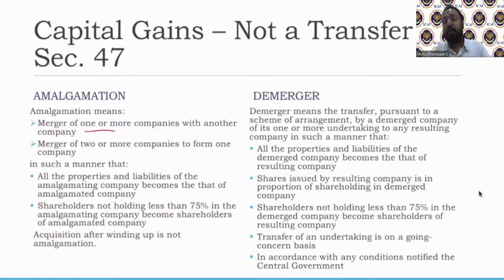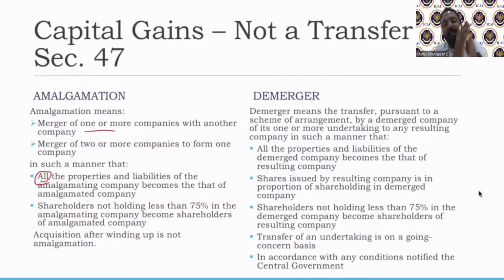But what is the requirement during the amalgamation? All the properties and liabilities held by the amalgamating company must become that of the amalgamated company. The amalgamated company should become the owner of these. Similarly, shareholders holding not less than 75% in the amalgamating company must become shareholders of the amalgamated company.